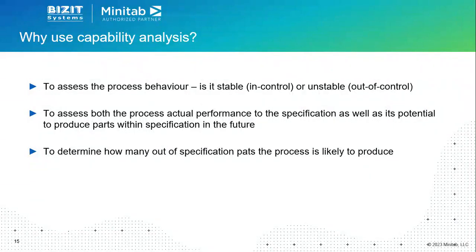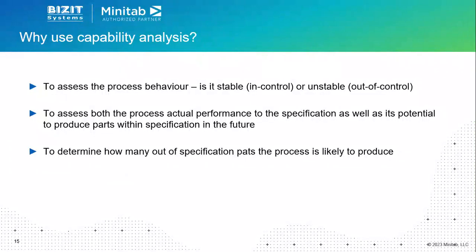This time you want to assess the process behavior. You want to see whether our process is stable or not stable, predictable or not predictable, or maybe both. You look at the process's actual performance against the specification limit, to see whether it will produce within your spec limit in the future. So you compare your own process with your design.